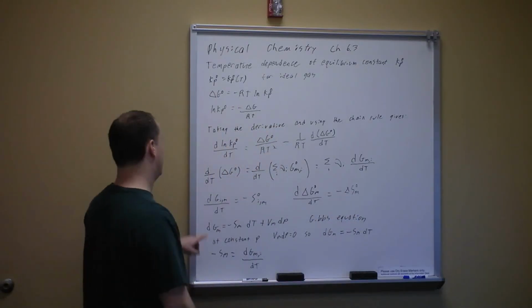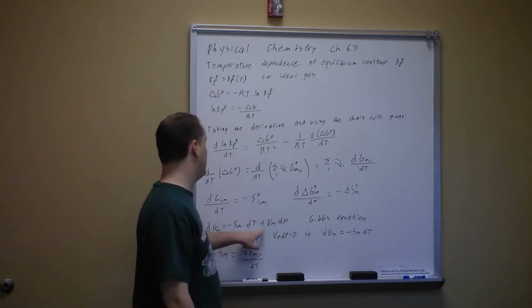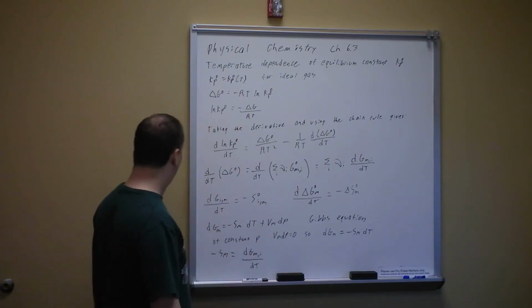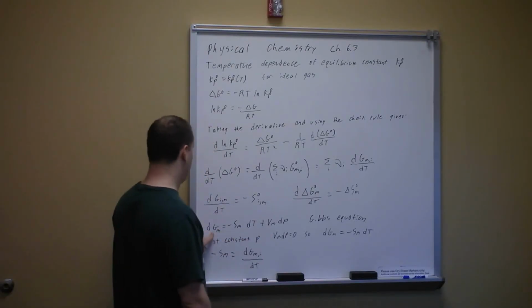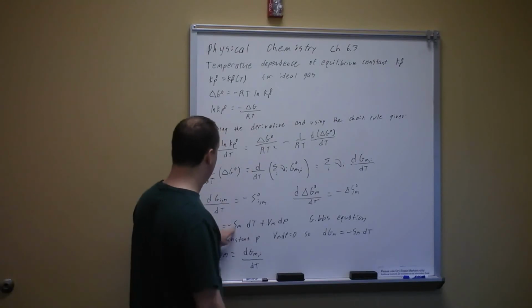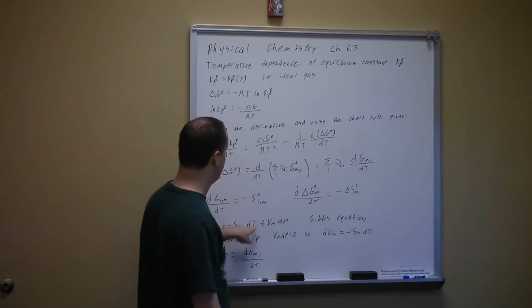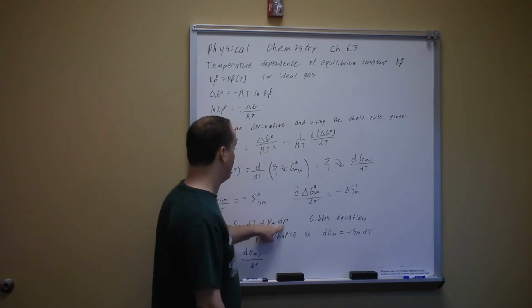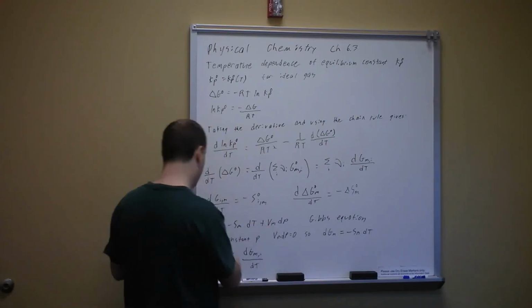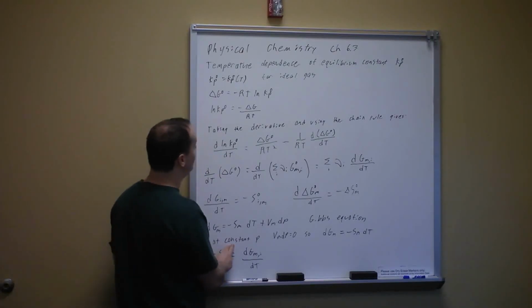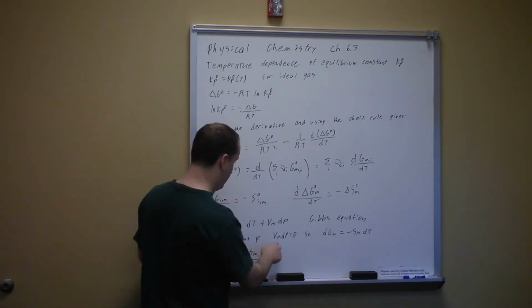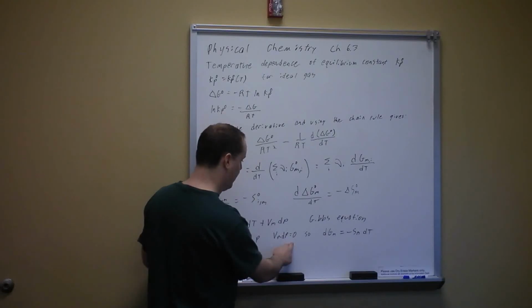Now remember the Gibbs equation, we had dG equals minus S dT plus V dP. So in molar form, the differential of molar Gibbs free energy is equal to minus the molar entropy times the differential of temperature plus the molar volume times the differential of pressure. So at constant pressure, this whole term is going to be equal to 0.